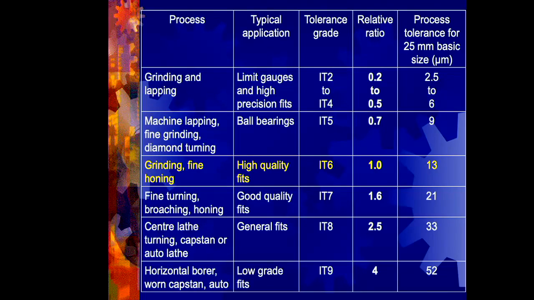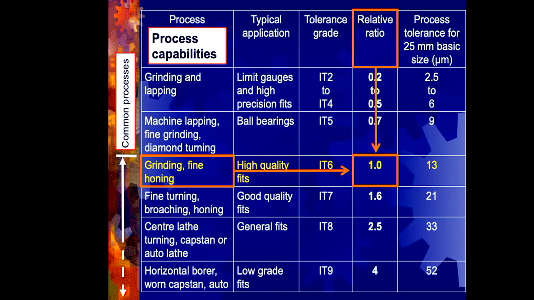Tolerance grade IT6, we can get, they talk about 13 micron kind of precision. So 0.013 of a millimetre is the kind of tolerance range you can get with that. And you can see going upward to machine lapping, fine grinding, diamond turning, we get a higher tolerance. With grinding and lapping, higher tolerance again.